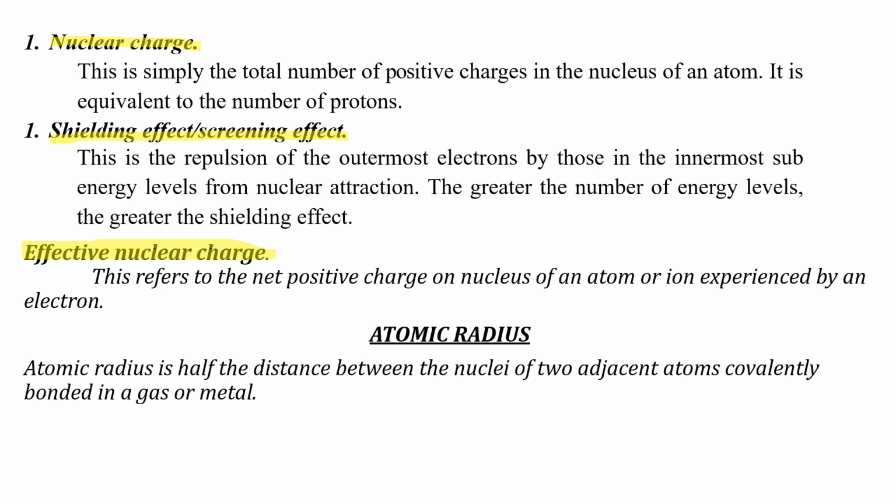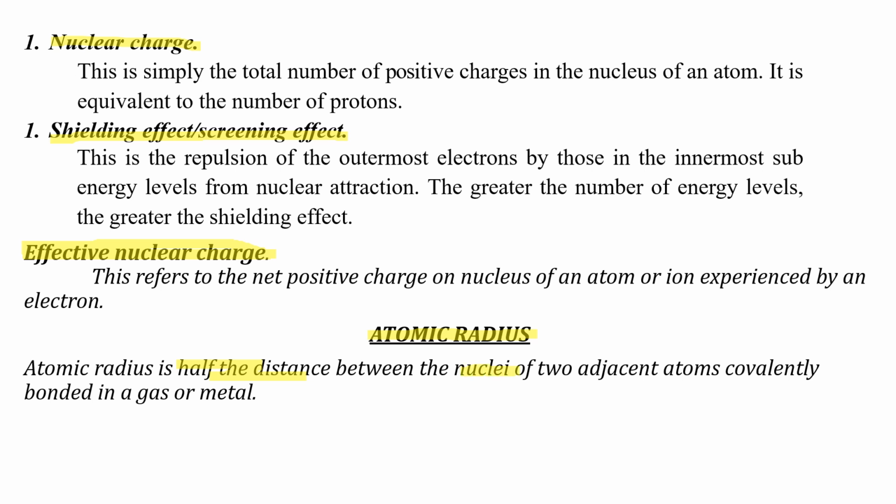So let's start with the first periodic term, which is the atomic radius. Atomic radius refers to half the distance between the nuclei of two adjacent atoms bonded in a gas or metal. Now there are lots of definitions for atomic radius, but what we want to see is that it's half the distance between two nuclei.